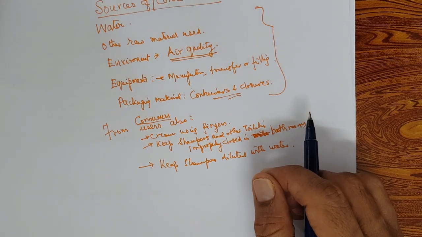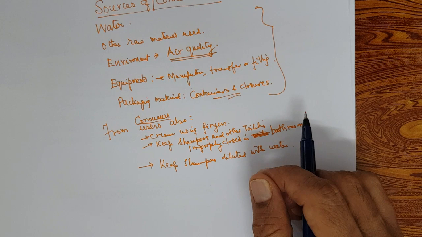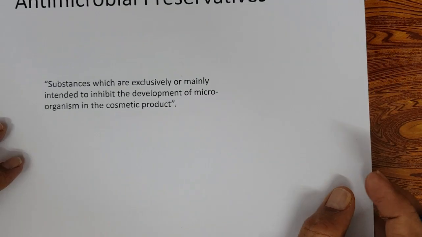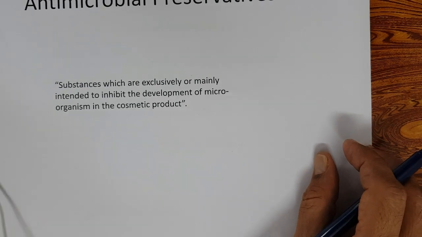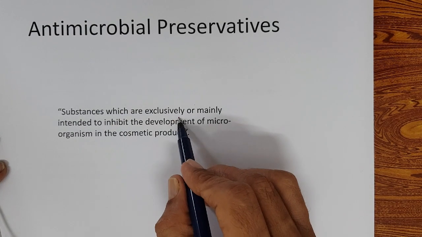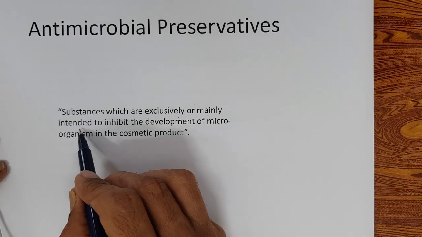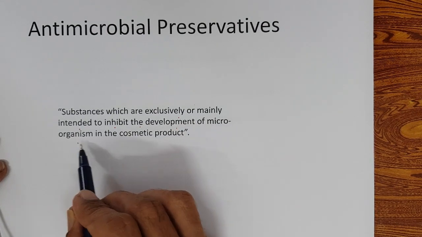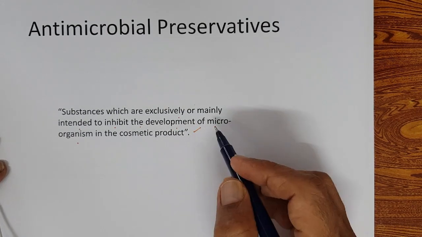So what is finally an antimicrobial preservative? Antimicrobial substances which are exclusively or mainly intended to inhibit the development of microorganisms in the cosmetic product.